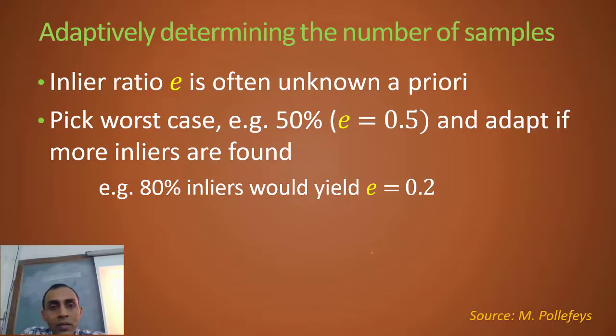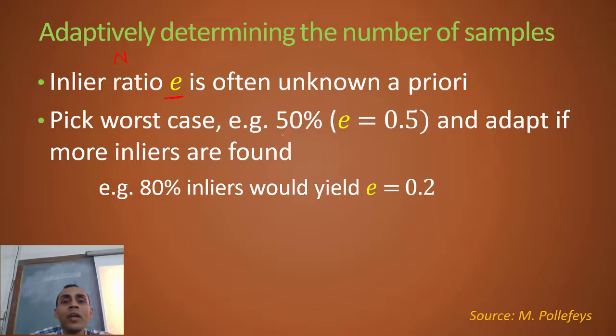So coming back to the question that I raised, to decide the value of n, we needed the outlier ratio, and a priori we don't know the outlier ratio or the inlier ratio, whatever you want to call it. So what should we do then? We can start with a worst case.